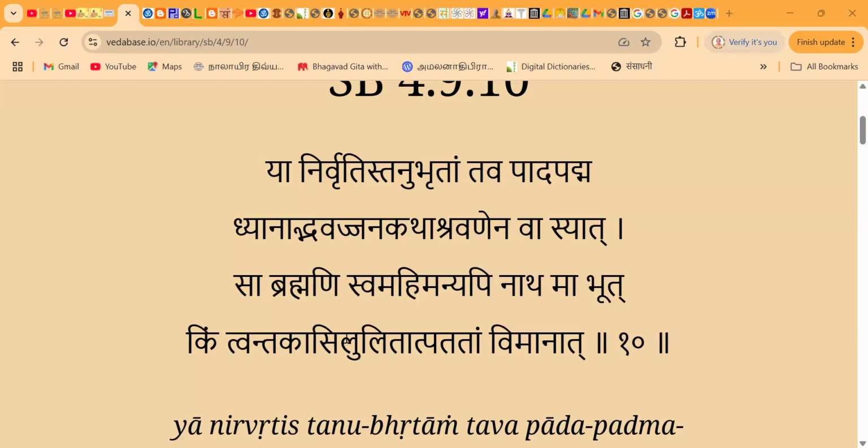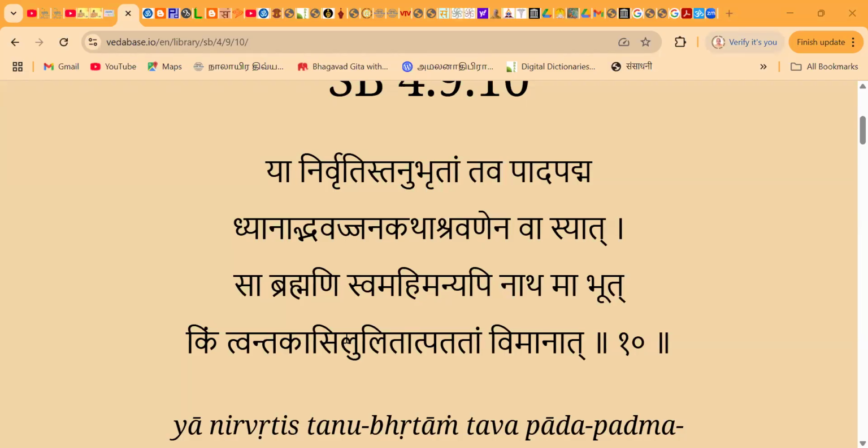If the bliss from meditating on your lotus feet or discussing Krishna katha is not available in the Brahman realization, in the Brahmananda or in Kaivalya Mukti, then what to speak of the happiness, kim tvantakasi lulitat patatam vimanat, for those who fall from the pleasures of Swarga.